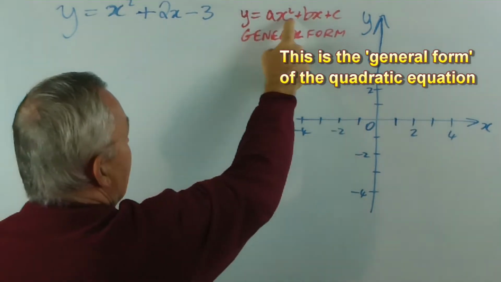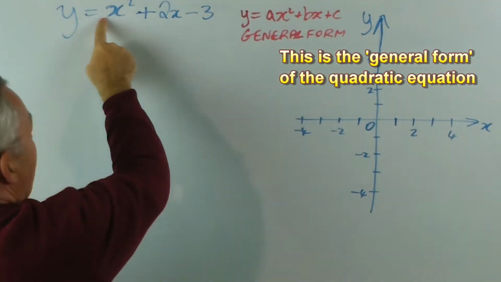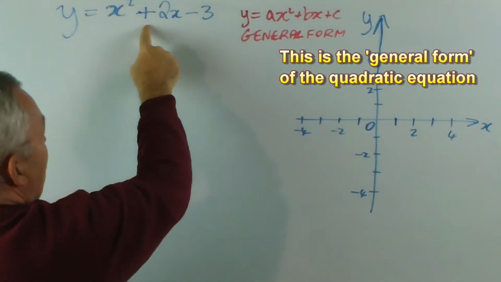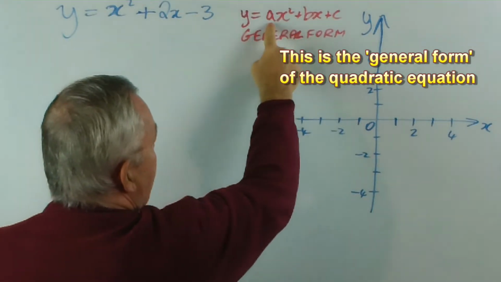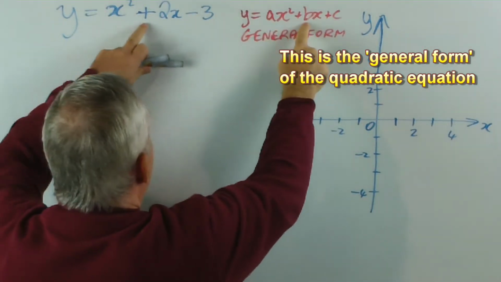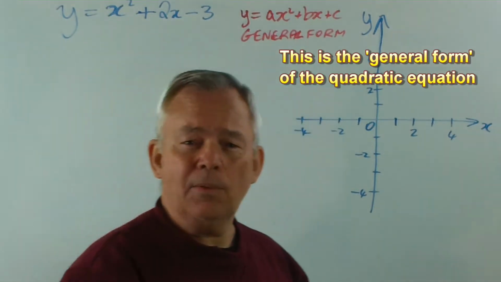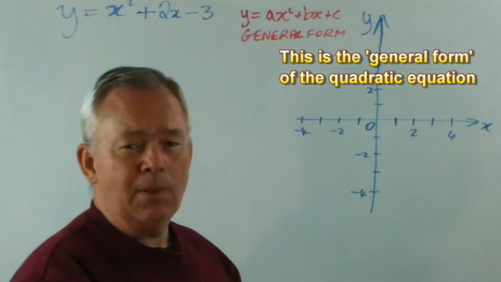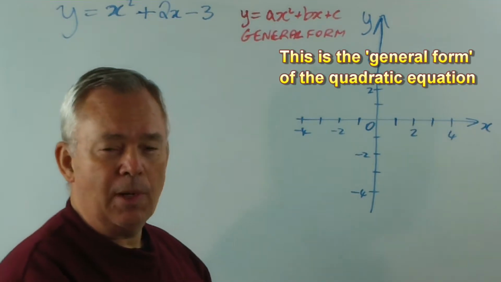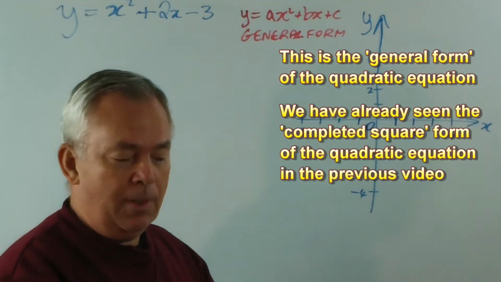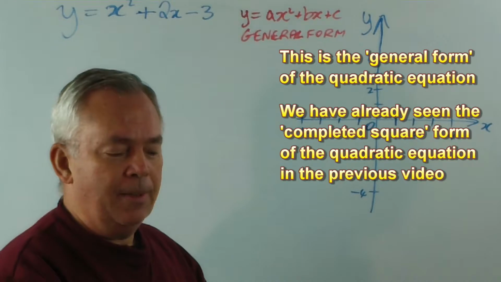And the a, b and the c are meant to represent the numbers we have in front. This would be 1x squared plus 2x and minus 3. So a would be 1, b would be 2 and c would be minus 3. And there are other forms, and we're going to discover other forms for the parabola. In fact, that represent the parabola.